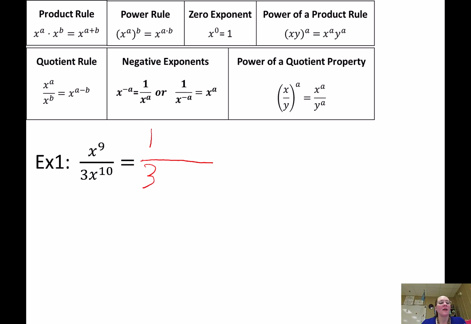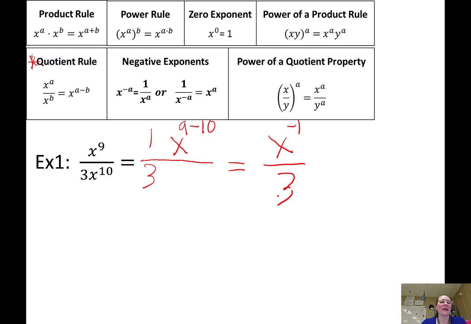Now, I do have x to the 9th power over x to the 10th power, which for this I can use the quotient rule, which tells me I can subtract my exponents. So I can say x to the 9 minus 10. That would then give me x to the negative 1 power over 3.